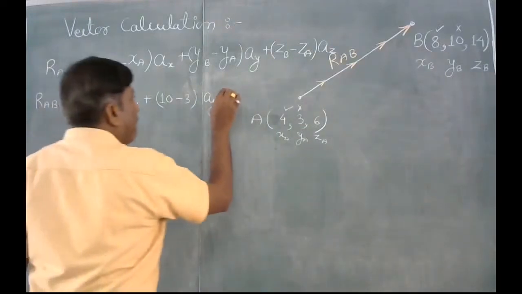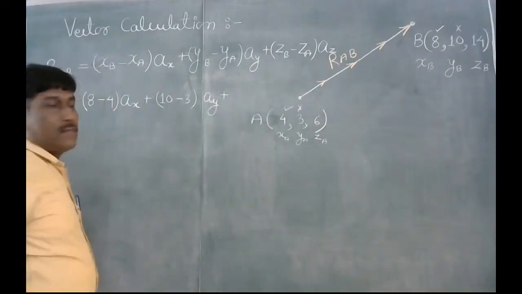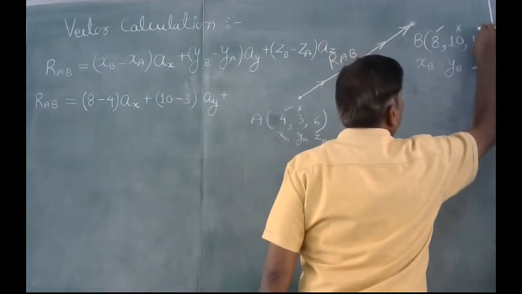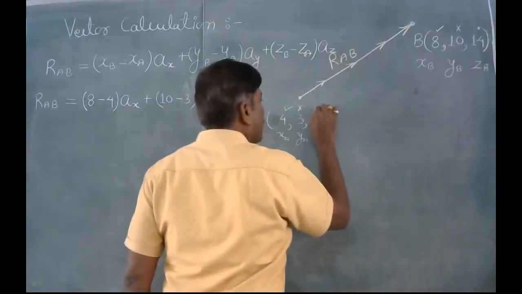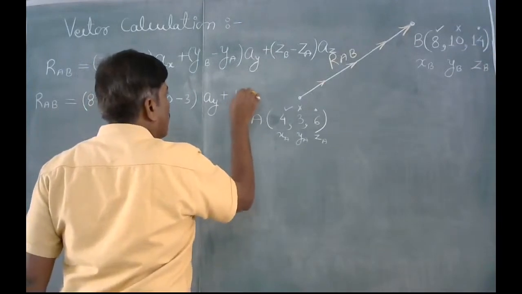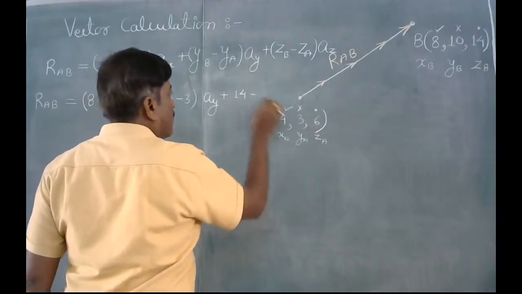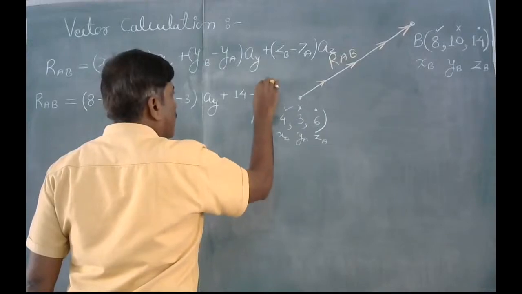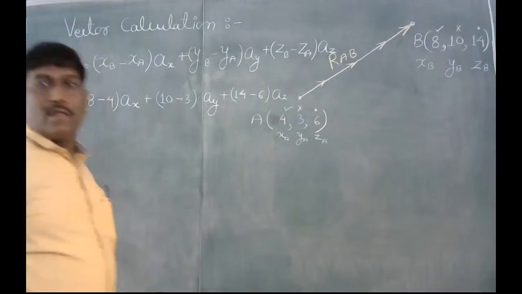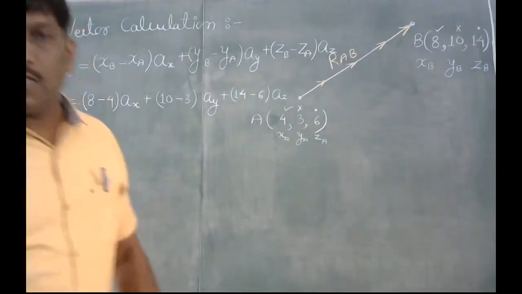Similarly, the third component will be the z coordinate of B, that is 14, minus the z coordinate of point A, into az. Again, I think everything is up to the mark.